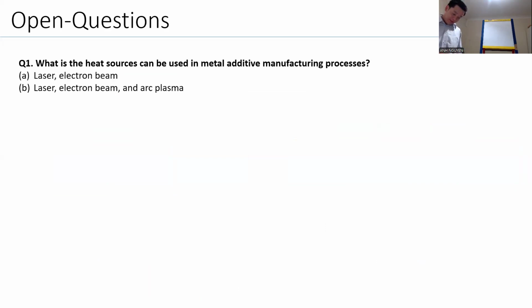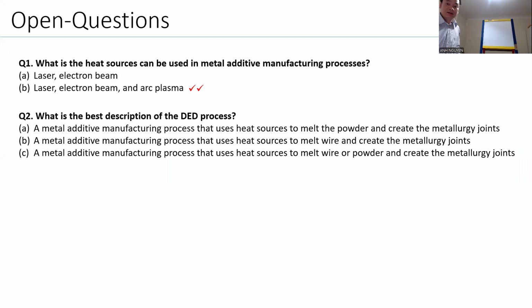Is it A or B? Can you remember? Yes, B: electron beam, laser, and arc plasma. The second question is, what is the best description for the DED process? Please remember, in the DED process we can use wire and powder. So the best choice is C, right?